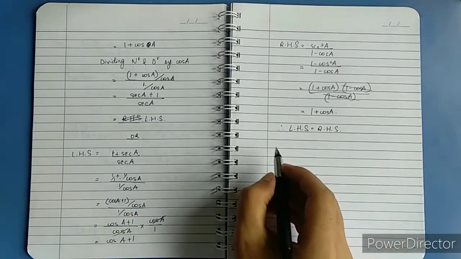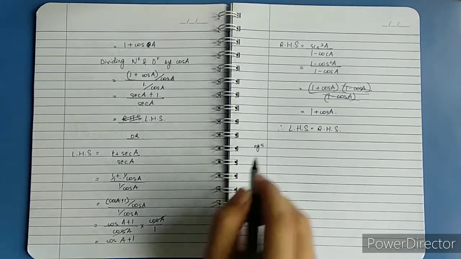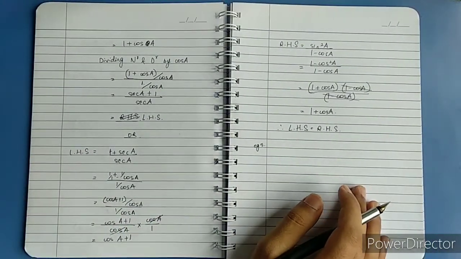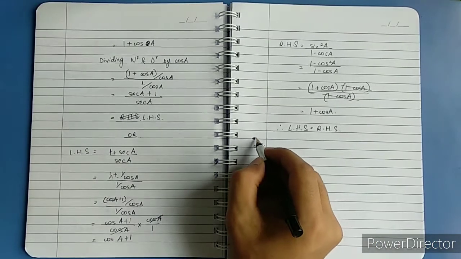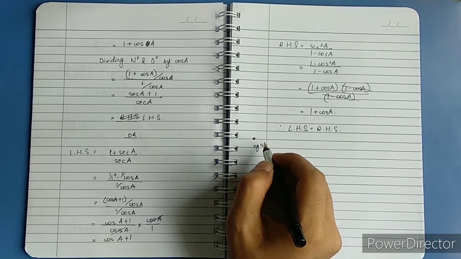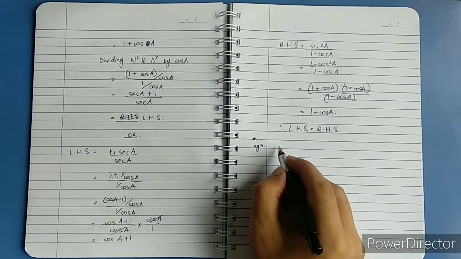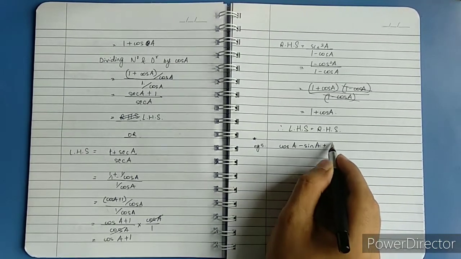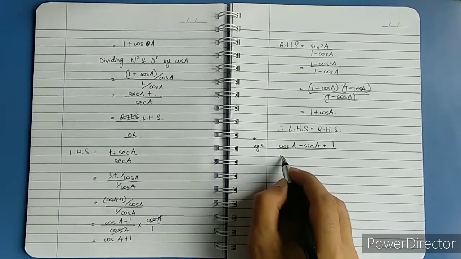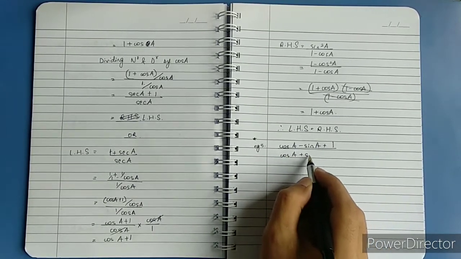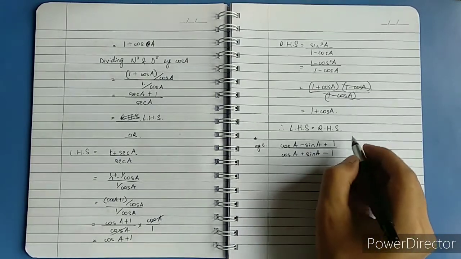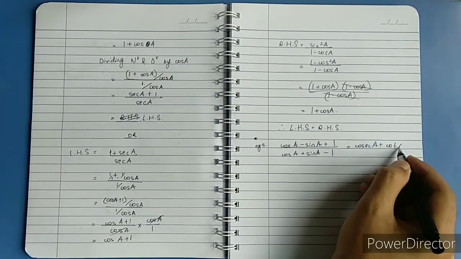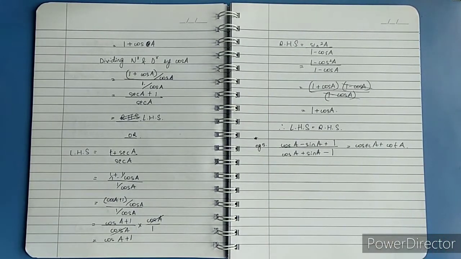Okay. Example 5th. So third, fourth, yeah, 5th. So in the 5th example, this is a very important example. Mark this. This is a standard question that is asked almost every time. So cos A minus sin A plus 1 by cos A plus sin A minus 1 equals cosec A plus cot A. Okay.